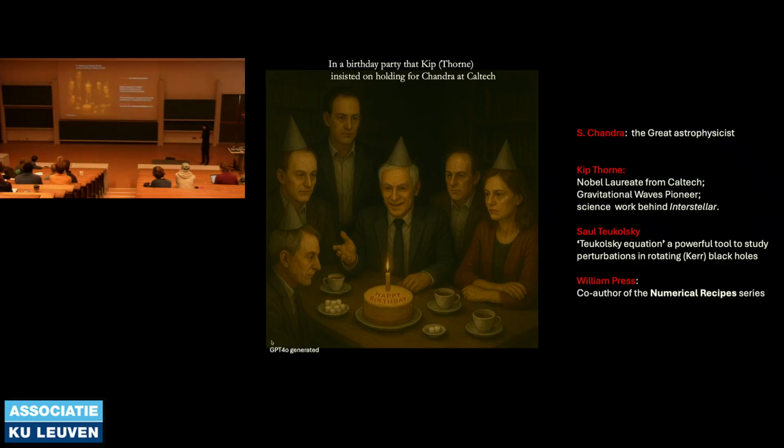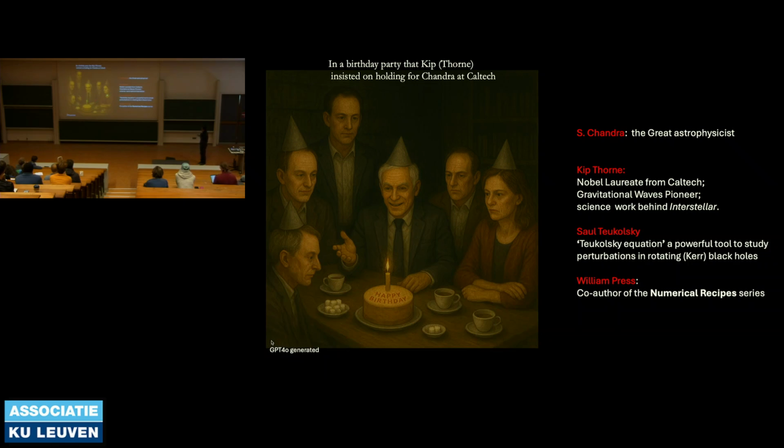And finally, I'm going to talk about a joke by Chandra. This is a figure generated by GPT. This is a birthday party held by Kip Thorne, one of the Nobel laureates at Caltech, and Chandra was visiting Caltech. Kip Thorne insisted on hosting this birthday party for him, and Chandra is sitting in the center here.